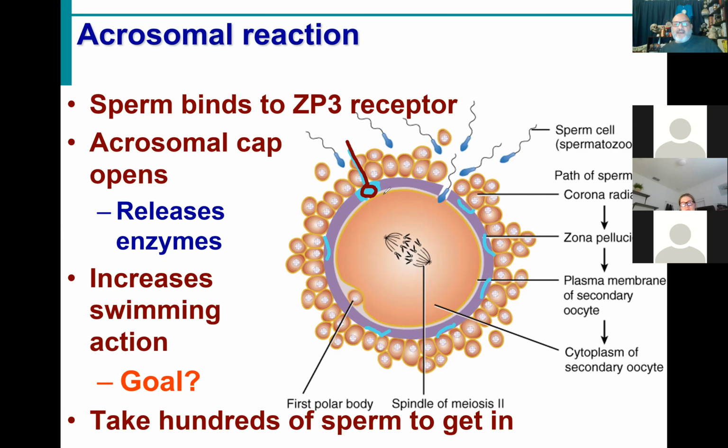And then it is the egg that basically brings the head of the sperm in, wrapping its plasma membrane around it, basically that process that we know of as endocytosis, where something attaches to the plasma membrane, wraps around and brings it in. And it is actually the egg that draws the head of the sperm into the secondary oocyte.